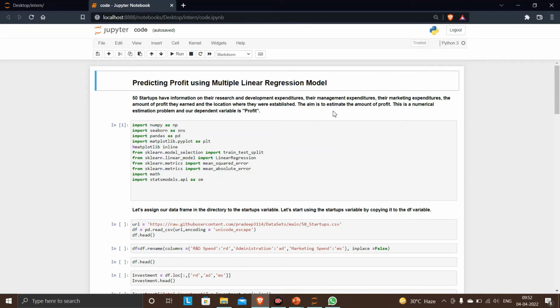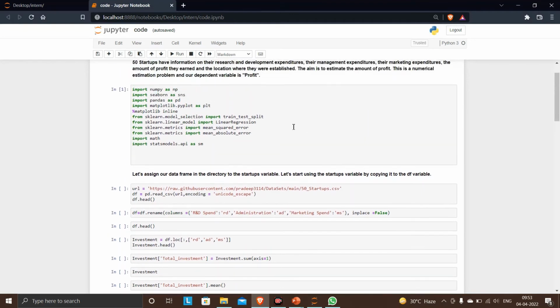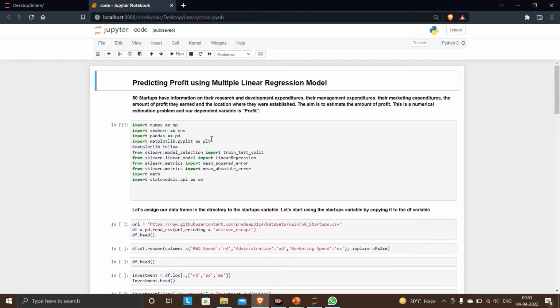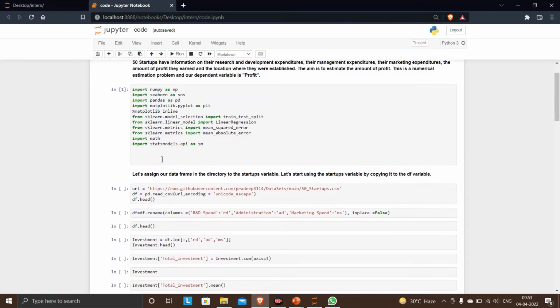The aim is to estimate the amount of profit. This is a numerical estimation problem. Our dependent variable is profit. Our independent variables are R&D spend, administration, marketing spend, and other things. I have imported these libraries: NumPy, Pandas, Matplotlib pyplot, seaborn, sklearn, metrics, and model selection.